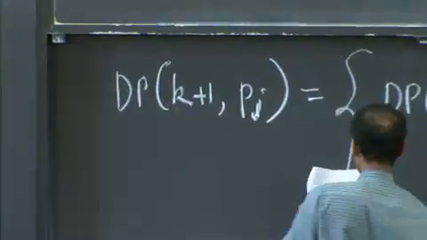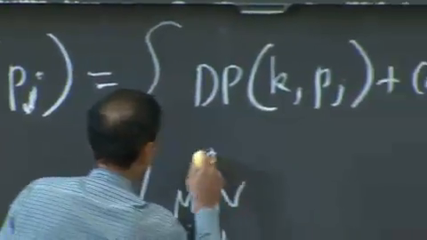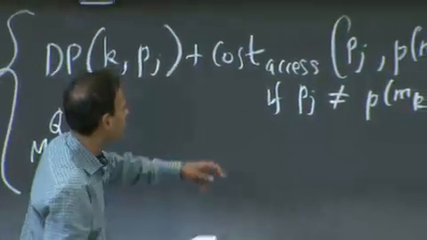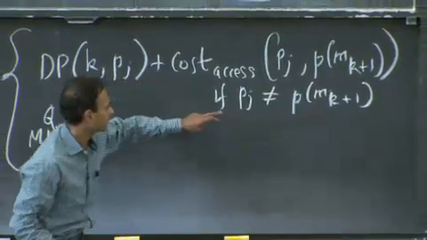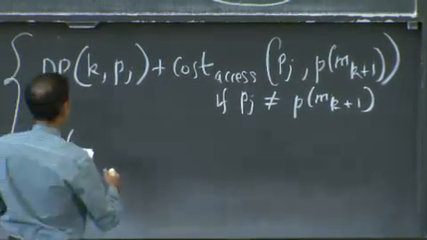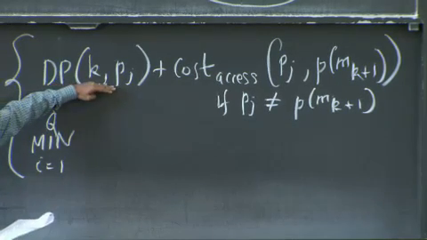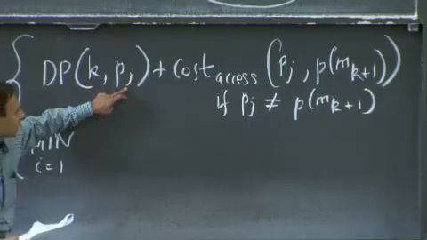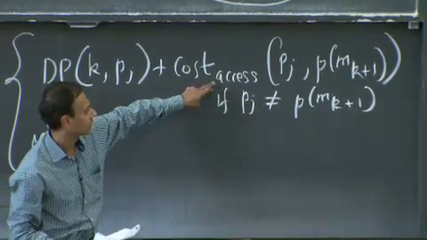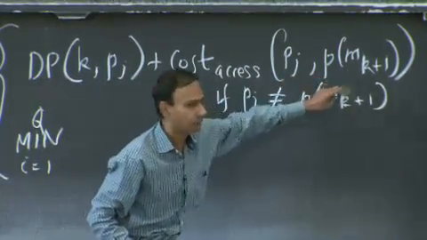Right? So there's going to be two cases. I'll just write this out and I'll explain it. The first case corresponds to if the new memory access is not in the processor cache corresponding to Pj, then what you could do is use the optimum value where you end at Pj and simply do a remote access that corresponds to accessing M(k+1).